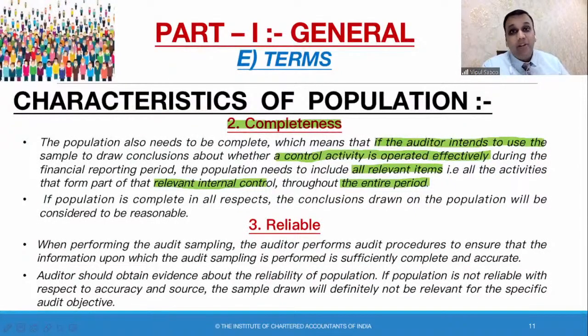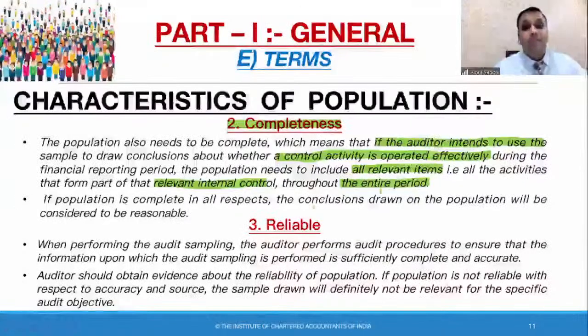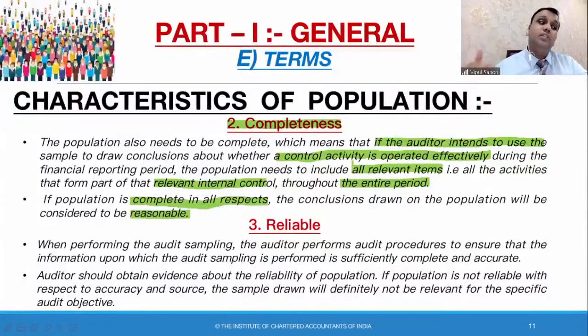So I would write in my audit report, my population was appropriate, relevant, but it was not complete. So only if population is complete in all respects, the conclusions drawn on the population will be considered reliable, that yes, the sample is a representative of the population.